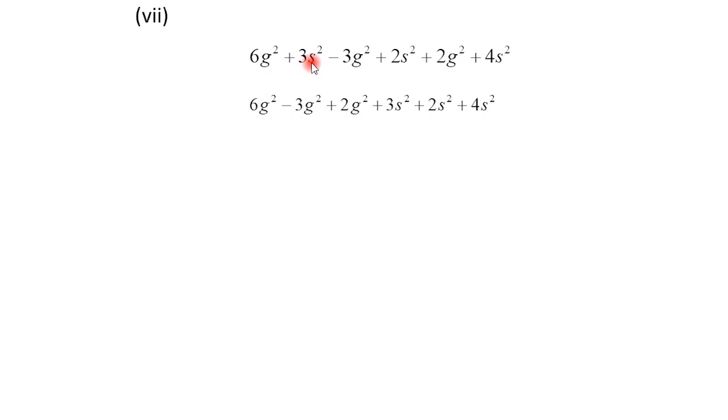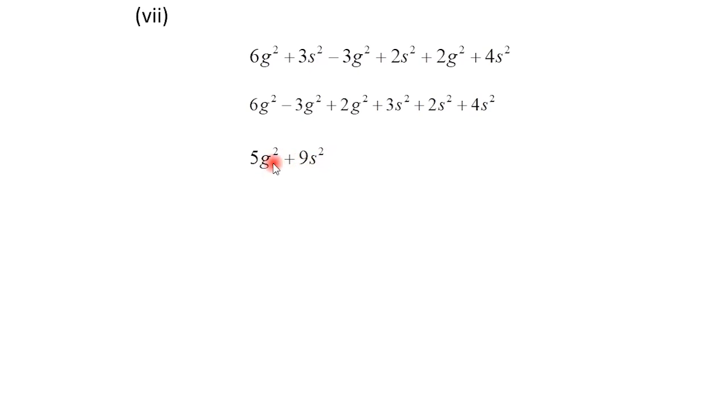So the next step would be, this is to minimize making mistakes, 6g to the power of 2 minus 3g to the power of 2 plus 2g to the power of 2 plus 3s to the power of 2 plus 2s to the power of 2 plus 4s squared. So 6 minus 3 plus 2 gives you a 5g squared. And then 3 plus 2 is 5 plus 4 is 9s squared. So the answer is 5g squared plus 9s squared.